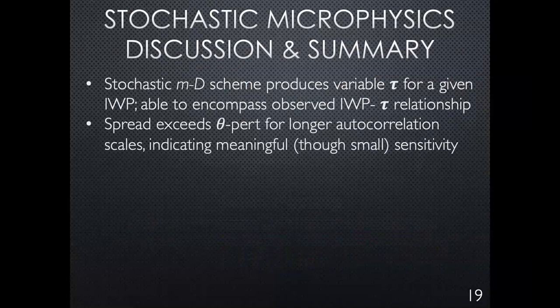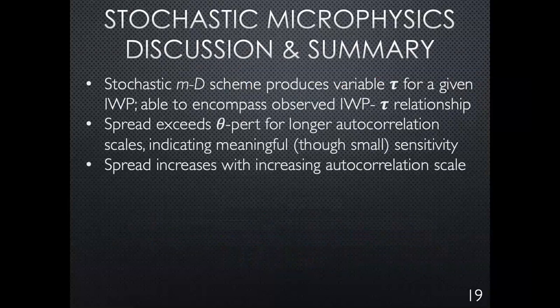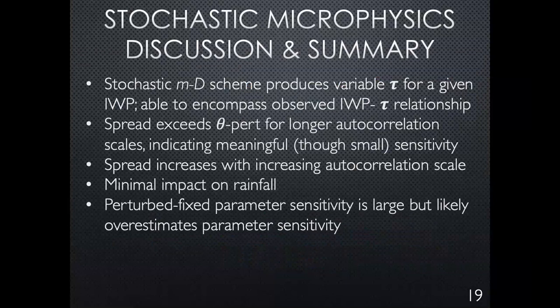We found that the spread exceeds that of grid scale noise, at least for longer autocorrelation scales, indicating meaningful, although small, sensitivity to the stochastic scheme. We found that spread increases with increasing autocorrelation scale, which is conceptually understandable given the longer and larger perturbation forcing when we use those longer scales. And we found that there's a minimal impact on rainfall.